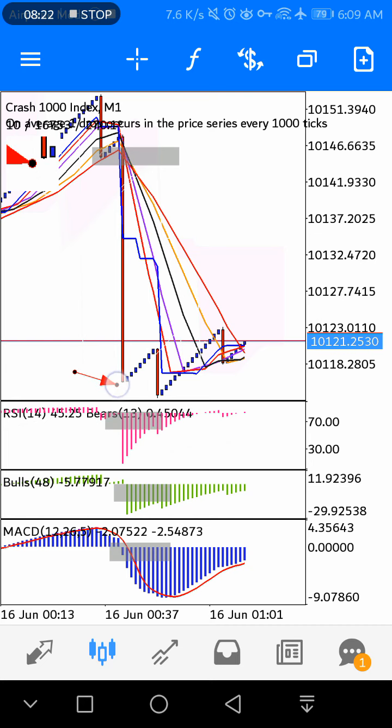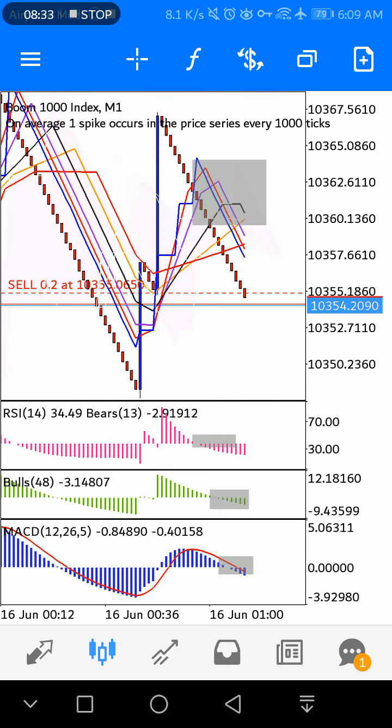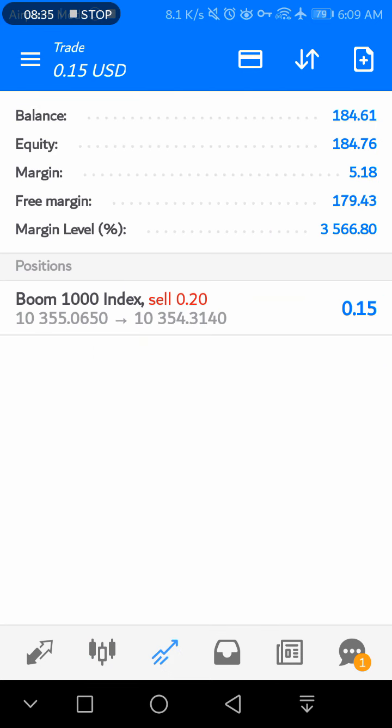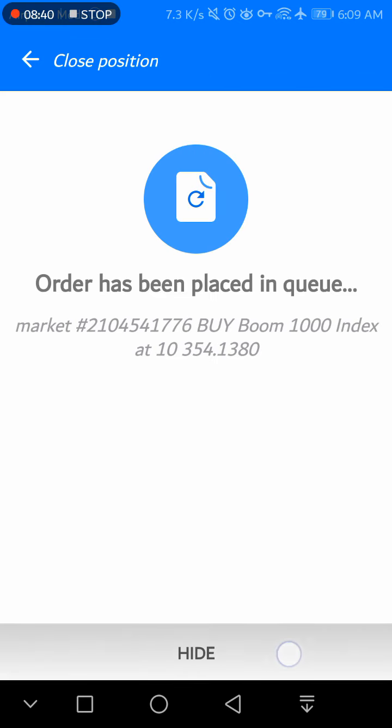Look here, if you entered here you made some money. Why? Because of this spike. This spike made you profit. Look here, our trade, 2 candles, and let's close. So this is how you are going to make the profit.